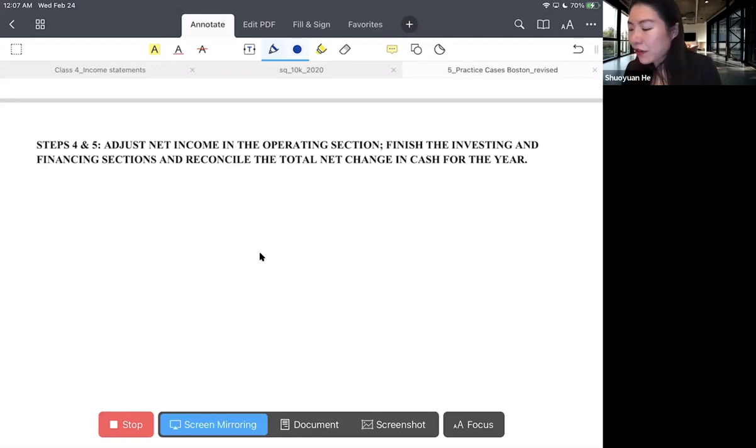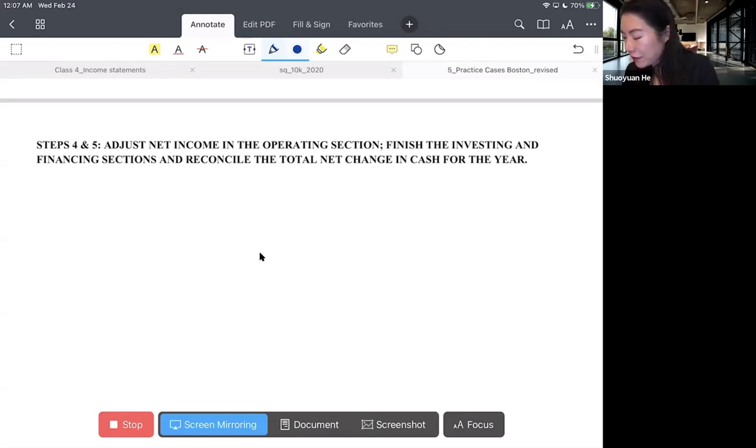And then cash flow from investing activities. Those three items are the change in investment, the purchase of PP&E, and the sale of PP&E. And then the financing activity is coming from the change in contributed capital.